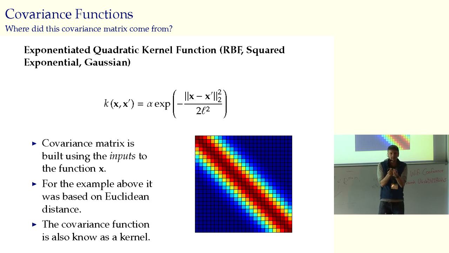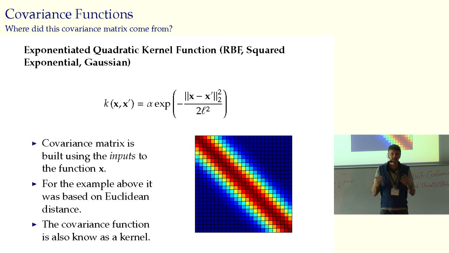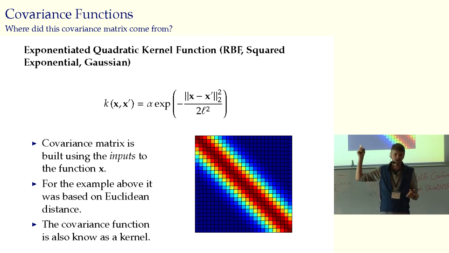Now what does that mean? Well, it's like a magical way of building a matrix. You have to say magical if you don't understand. That's what it means. I don't understand, so it's magical. It's a magical way of building a matrix: I've got these 2 points, and I need a matrix from these 2 points. So I'm going to ask my magical formula. I give it x and x prime, and say, give me the covariance.